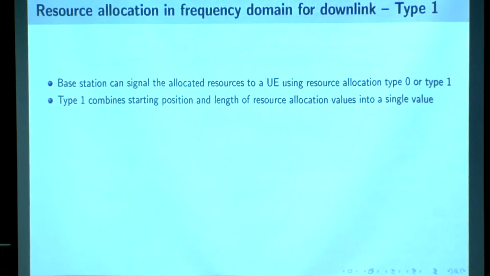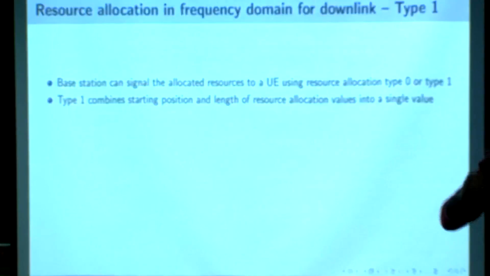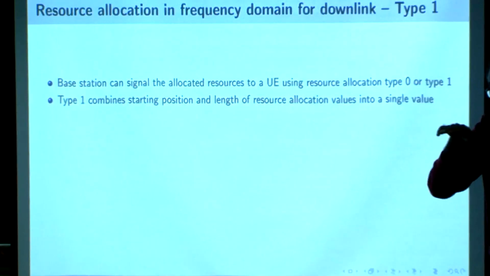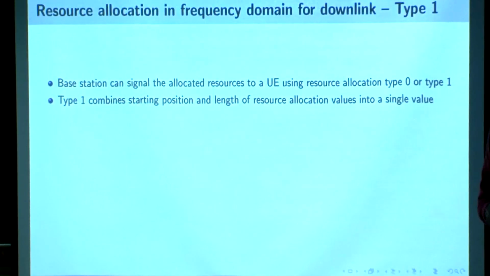Type 1 basically allocates contiguous PRBs in the frequency domain. It starts from, let's say, any location, PRB 25, and how many PRBs after that you are transmitting in. The data has to be transmitted in the PRBs you are allocating to this user. So it encodes both pieces of information, the starting position, which PRB you begin from, and how many PRBs you use after that to send the user's data.